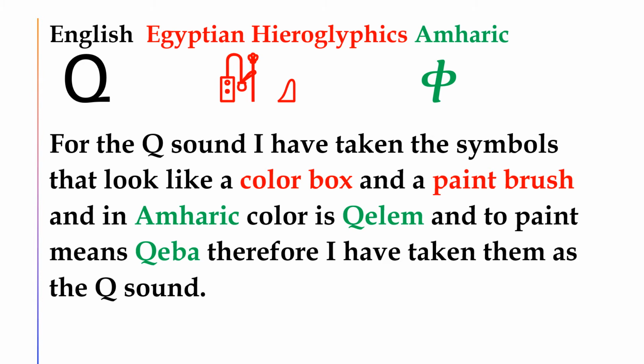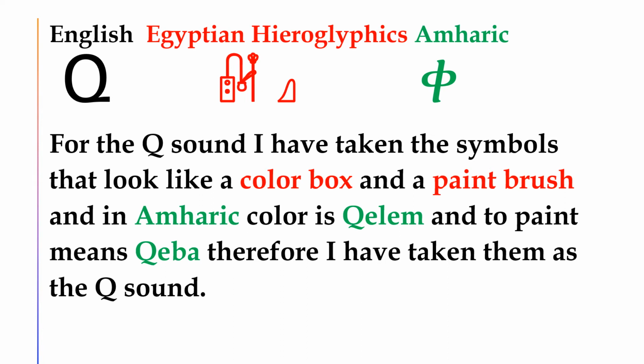I have taken these two symbols for the ke sound because in Amharic we call color kalam, and to paint means kabba. So both color and to paint in Amharic start with the ka sound. Kabba, kalam, and kabba. So that's why I have taken the symbols for the ke sound.